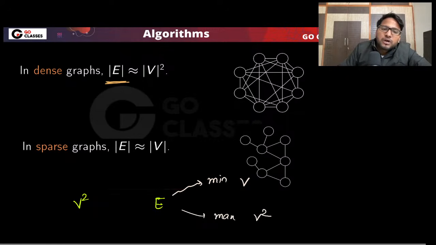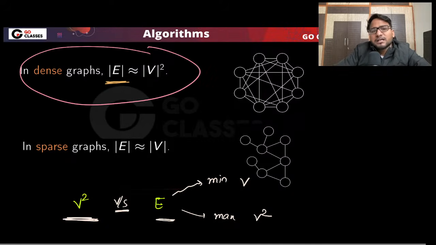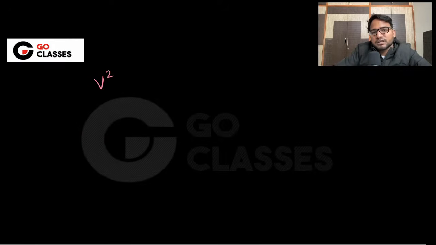So if someone is asking you V square versus E, which one is greater? Then you will say it depends on the graph. If the graph is dense, then E is as good as V square.